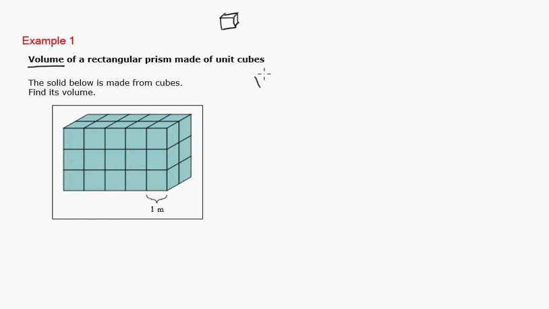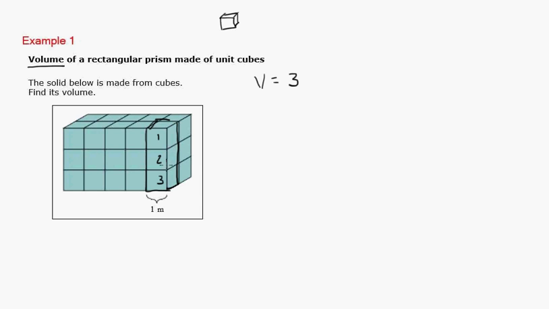So the volume, in terms of the number of cubes in this solid, think of this as a solid. What we can do is let's just look at this column right here. If you just look at this column, you can see that there's 3 cubes. All right, so I'm just going to put a 3 there.